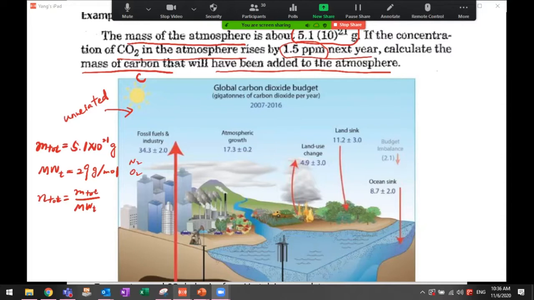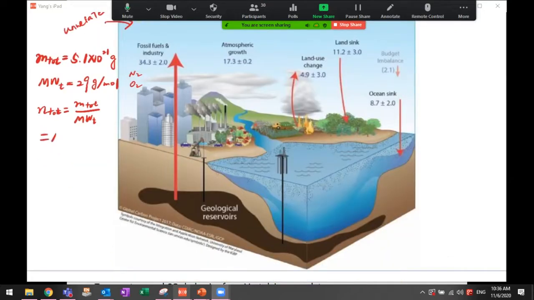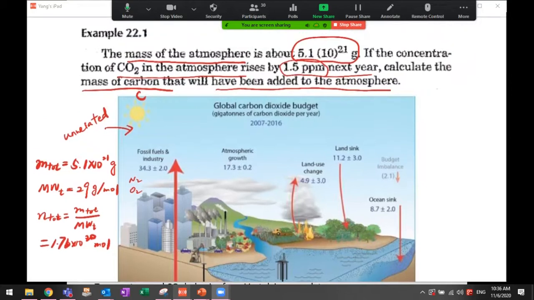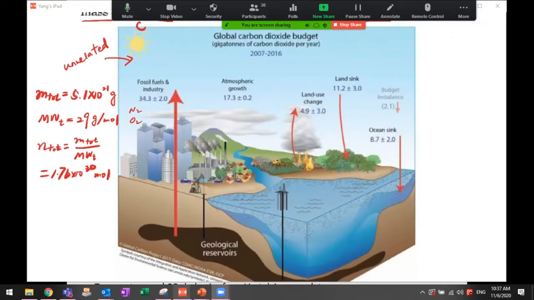So we find out that the value is 1.76 multiplied by 10 to the 20th moles. Okay, so we know that the carbon dioxide concentration rises by 1.5 ppm.